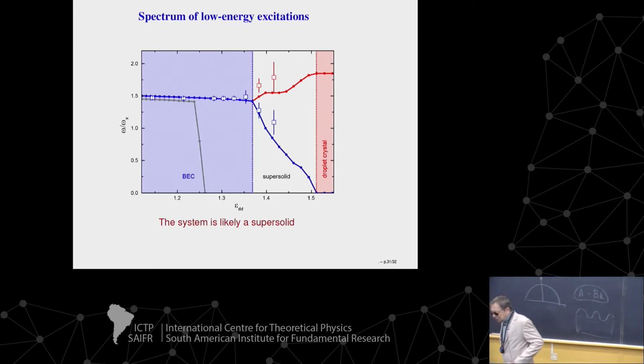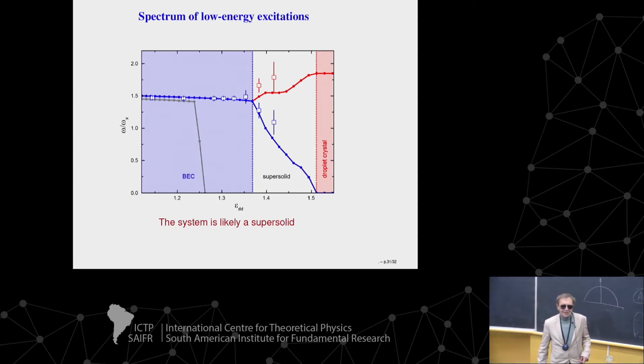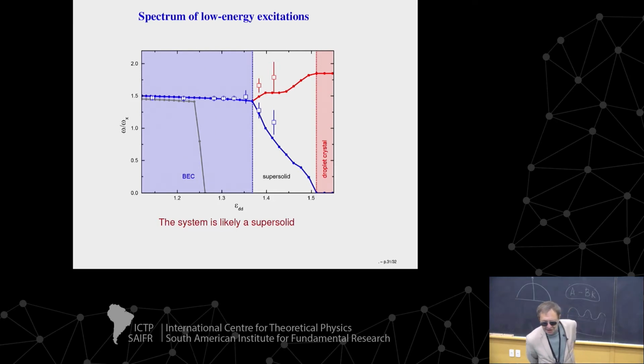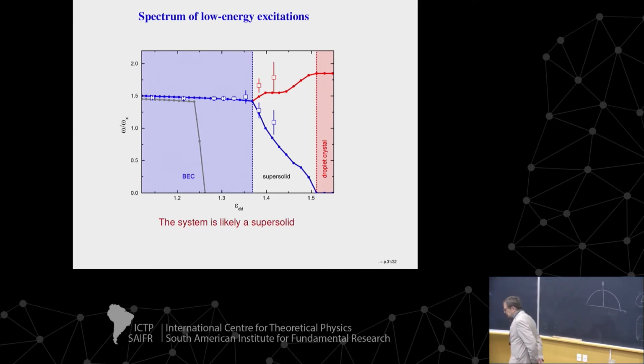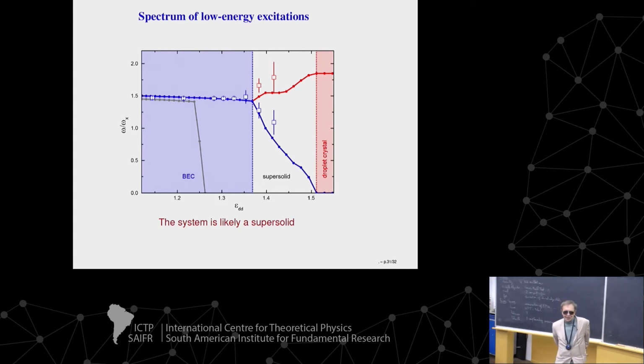But the group of Francesca Ferlaino, they were silent also a little bit, but they have done Bragg spectroscopy, trying to extract the superfluid density from the Bragg spectroscopy experiment. They say that they likely can do this, and now we are analyzing whether this is really the case or not.